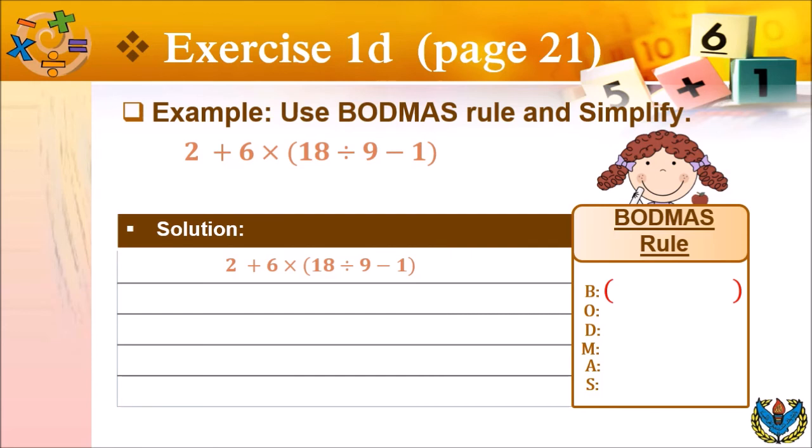According to the BODMAS rule, if a statement contains brackets, then we have to first simplify the expression within the brackets. Remember, if the expression within the brackets has multiple operations, then apply the DMAS rule on it. Here we have only 2 operations, division and subtraction. So let's divide first, and then we will subtract.